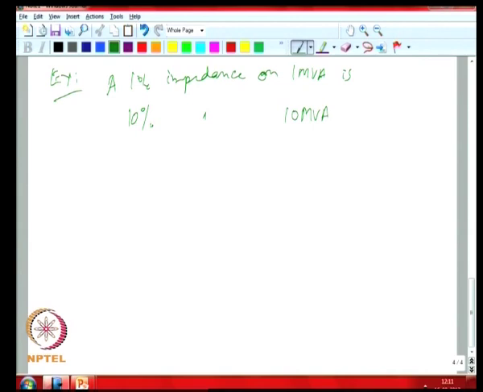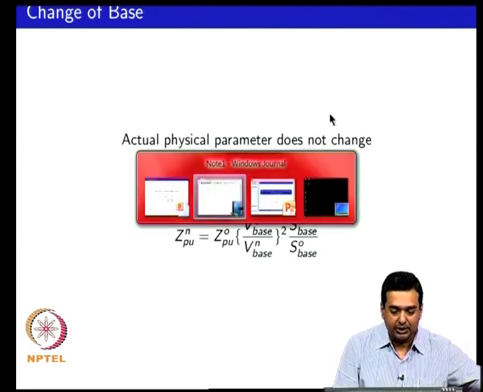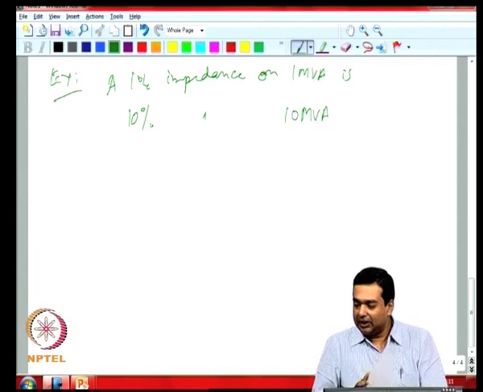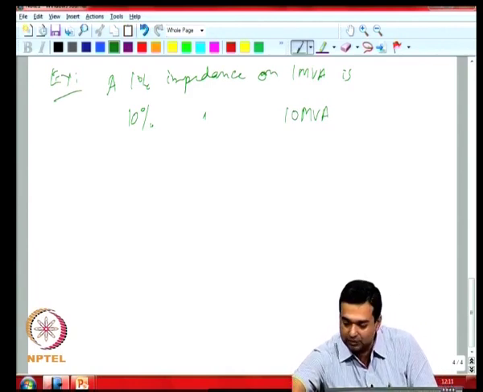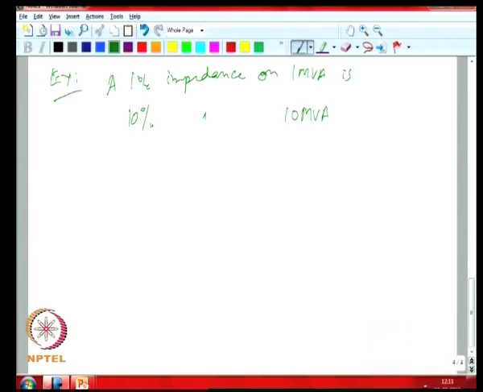If you go to a new basis, your ratio on a per unitized basis is the new value divided by the old value. So, if you go up to a new basis which is at a higher power level, your impedance quantity becomes larger, and the implication of this is, say for example, if you have a load which is small.